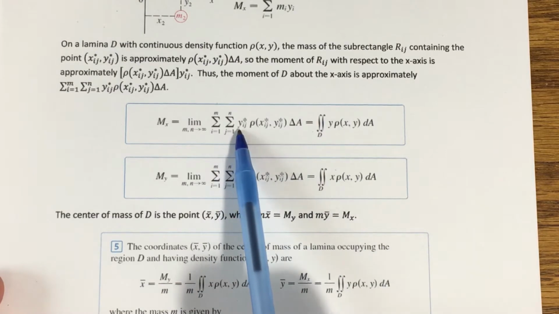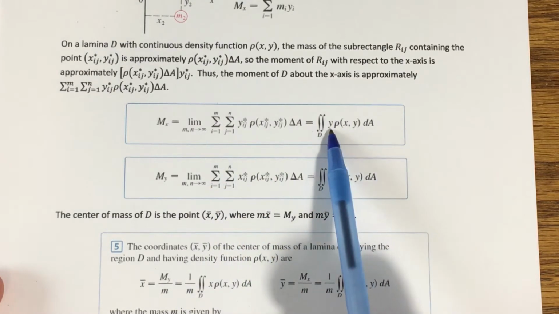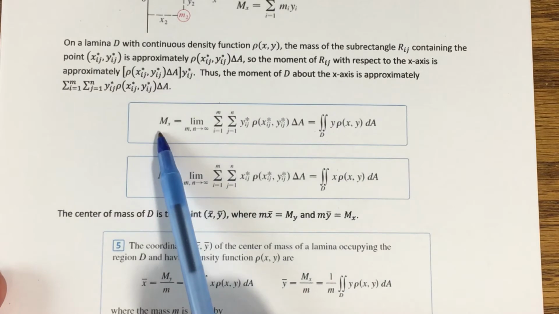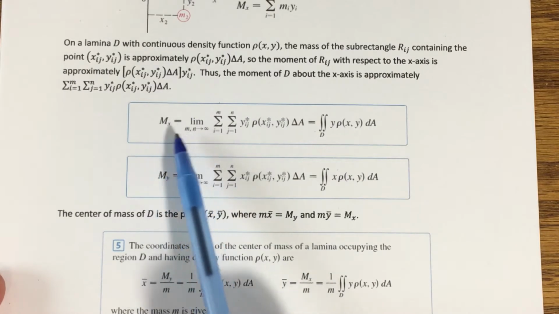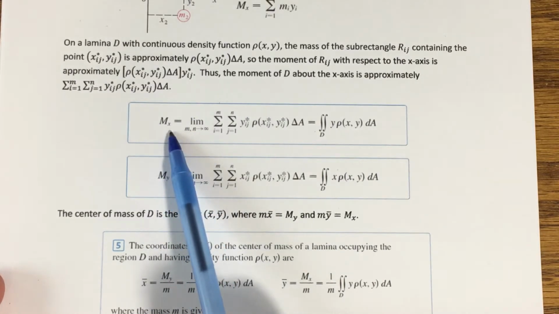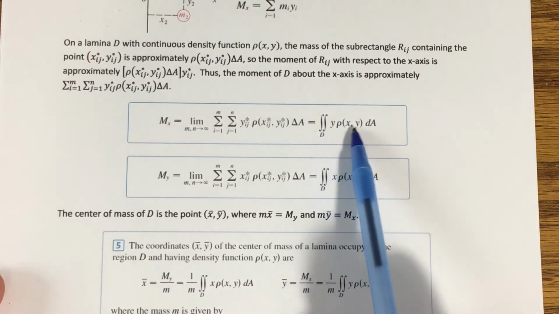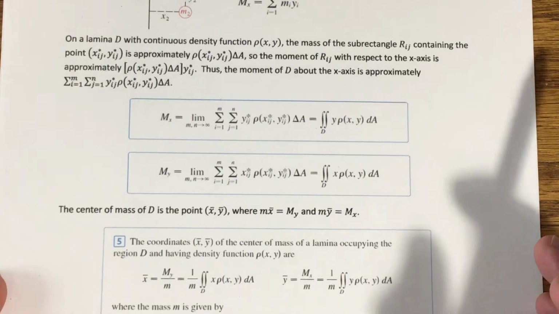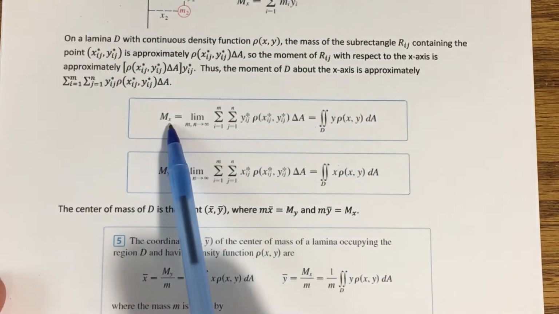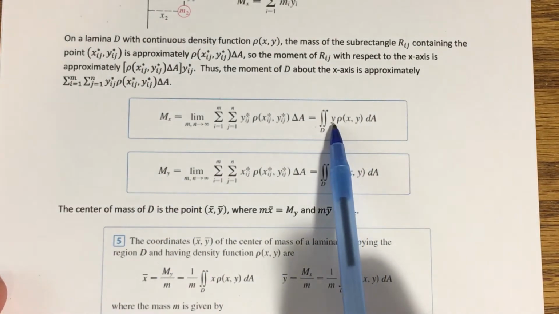Notice now that the yij star becomes a y here. So the moment of the lamina D about the x-axis is the double integral over D of y rho xy dA. Sometimes people get a little confused here because they see a subscript of an x, but then there's a y showing up here.